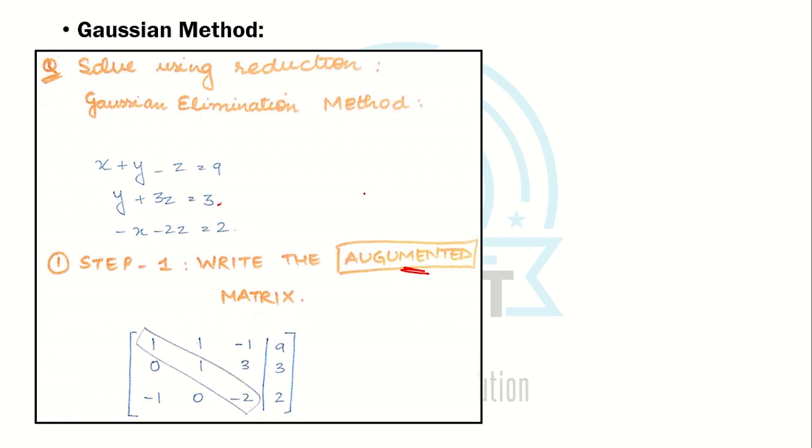The augmented matrix is just the coefficient matrix with an added column of the constants, which is the constant vector, 9, 3 and 2 in this case. It is known as the augmented matrix because you're simply augmenting the coefficient matrix by an additional column.